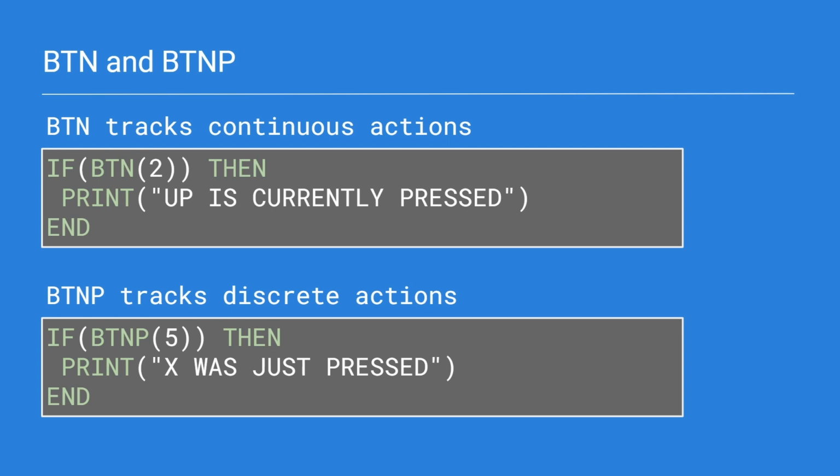This is very useful when you want to track single triggers like navigating through menu options or firing a weapon. This is what we'll be using in our game. We want to know when the player is actually pulling the trigger during the duel. So let's move back over to our project and see how those 2 instructions can be used inside our game.